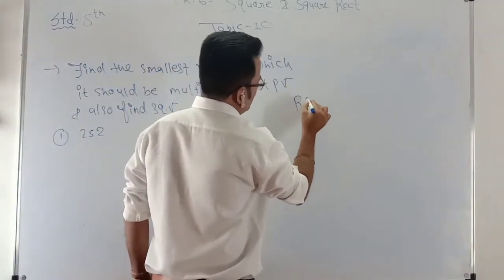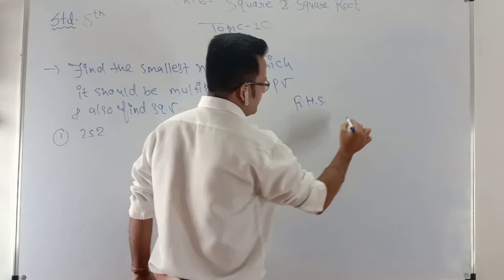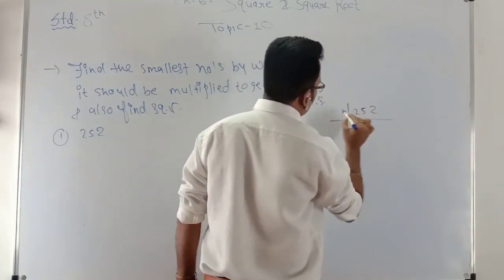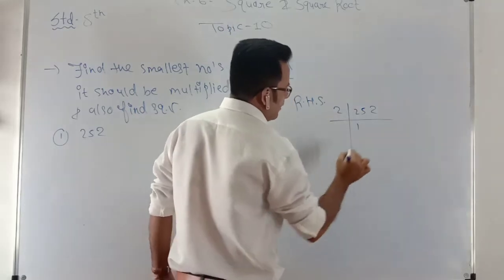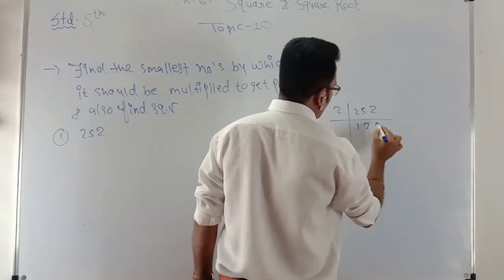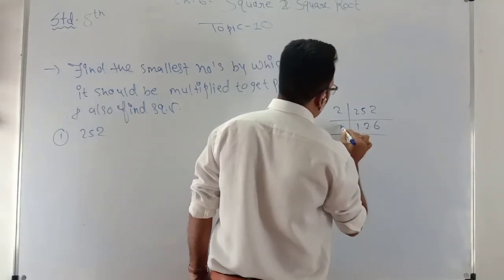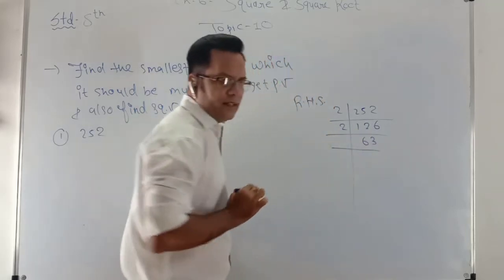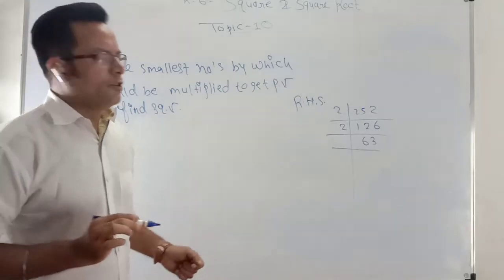So this is your RHS side, and 252. 2 ones are 2, 2 twos are 4, and 6 are. Again with 2, 6 are, and 3s are. Now you cannot move with the 2.